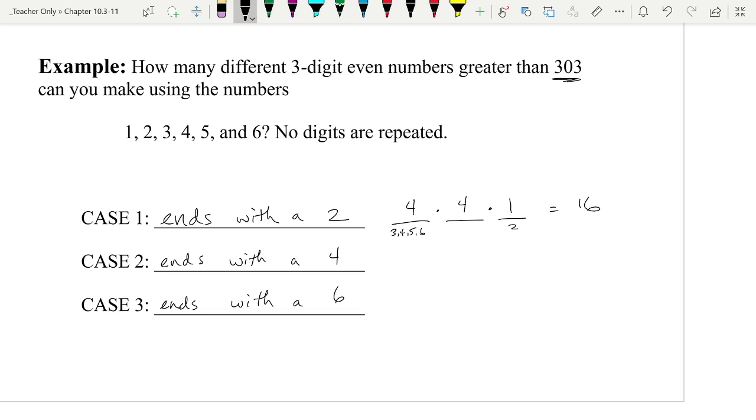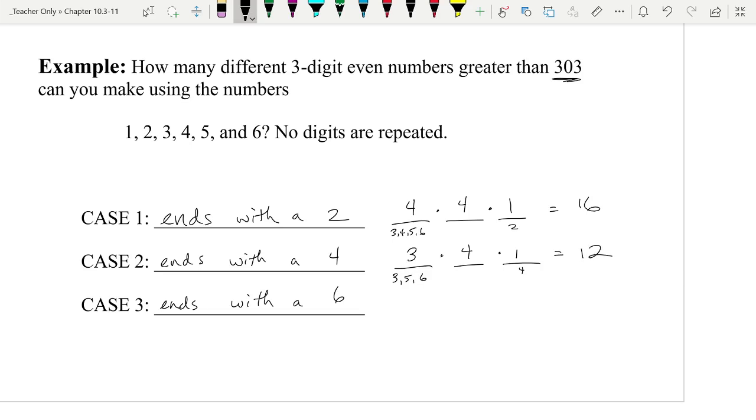Isn't there 16 in the next case? No, because notice if this has to be a 4, I don't have as many choices here anymore. This can only be a 3, a 5, or a 6. You might be thinking, well, but you could put the 2 in there the way the 4 was in there. Yeah, but then your first digit can't be a 2. You wouldn't be bigger than 303. So this one is 3 times 4 times 1, 12.